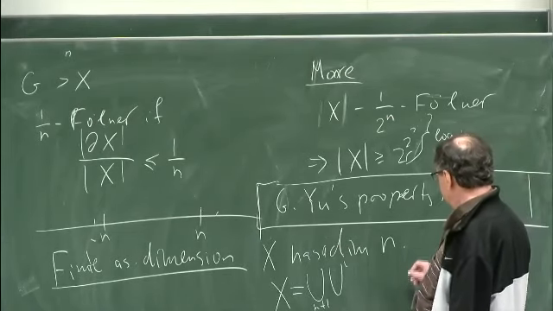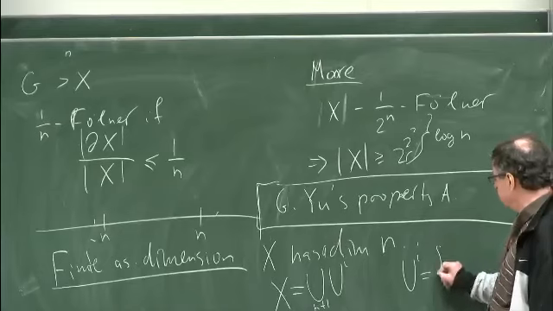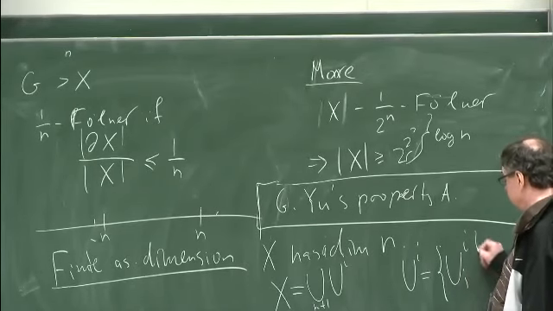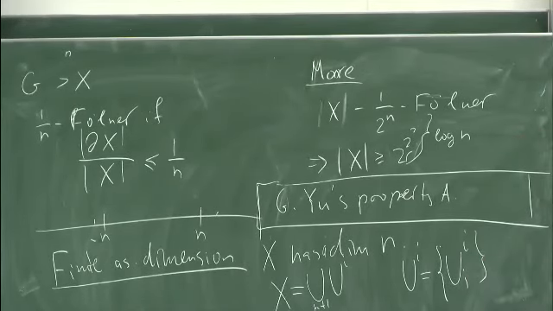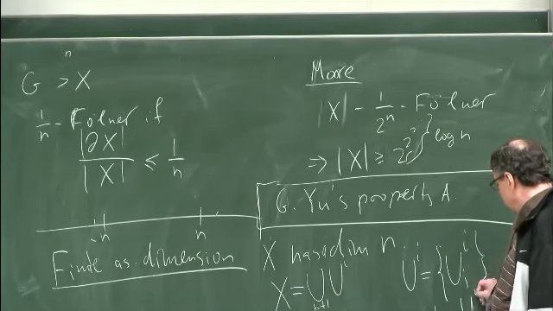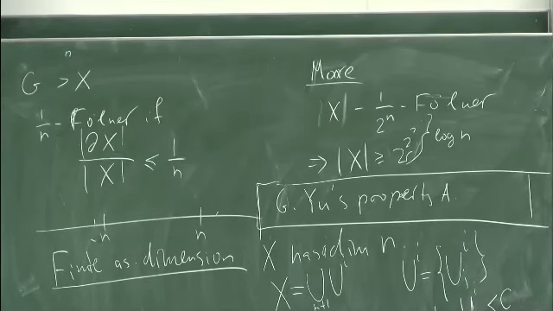In fact, each U_i is a family, so it's a family of U_ij's, where every U_ij is bounded. So it means the diameter in the Cayley graph of U_ij is smaller than some constant C. So that's the first property.